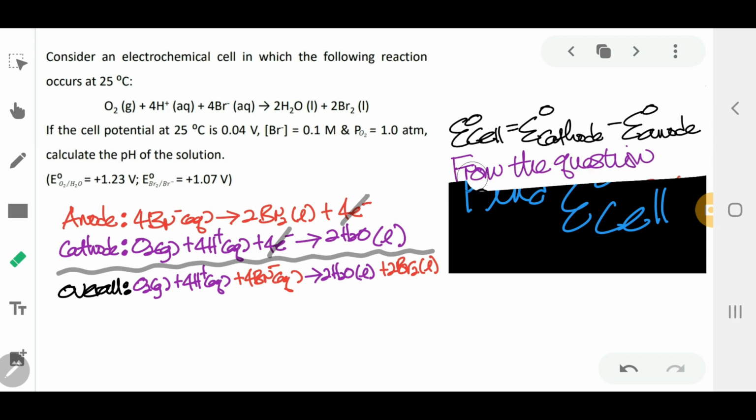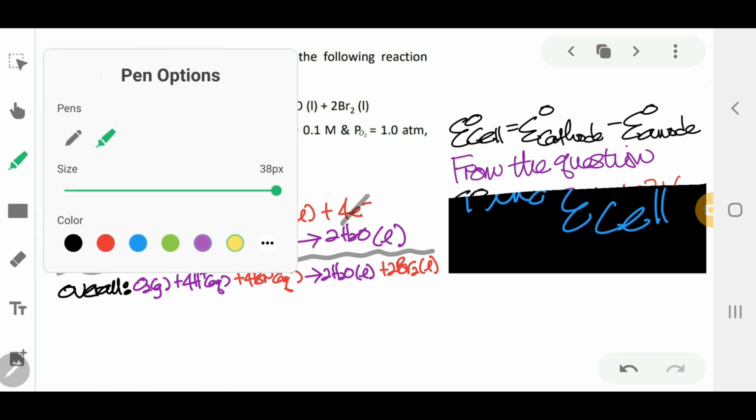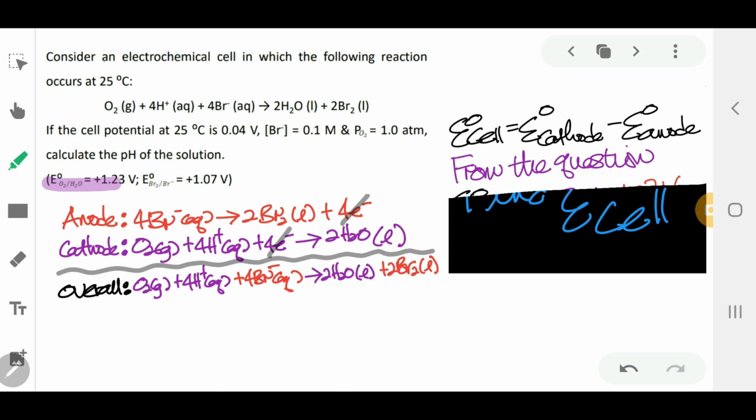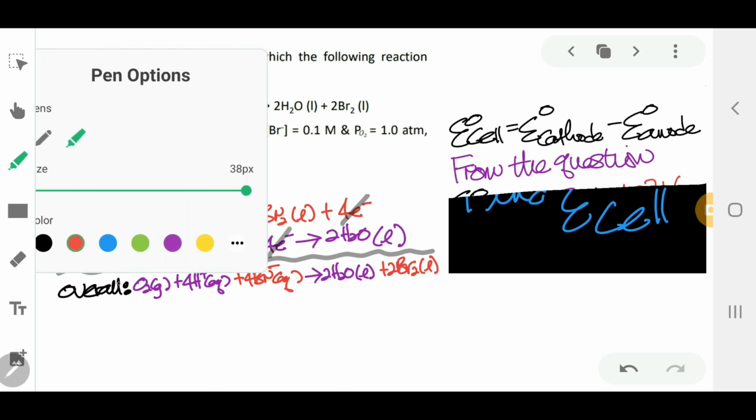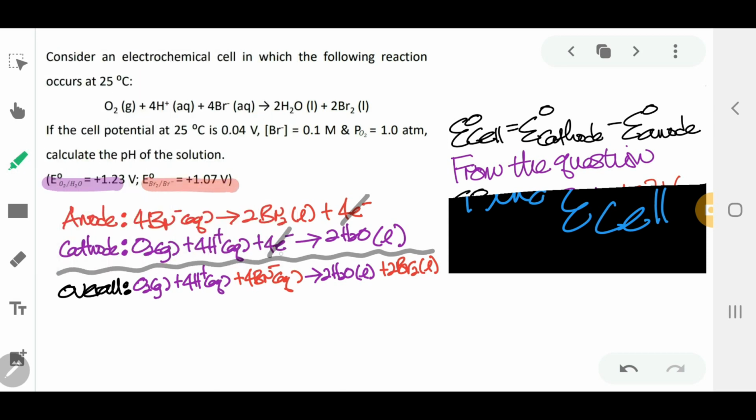From the question, we know that the anode will be your bromine right here, and the cathode, you have your oxygen gas. So we're going to take the SRP values that you have here. I'm going to highlight that with the correct color. So that is going to be your cathode, and this is going to be your anode.